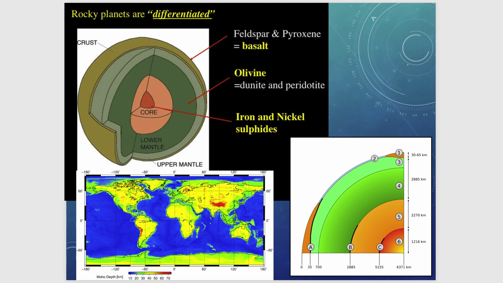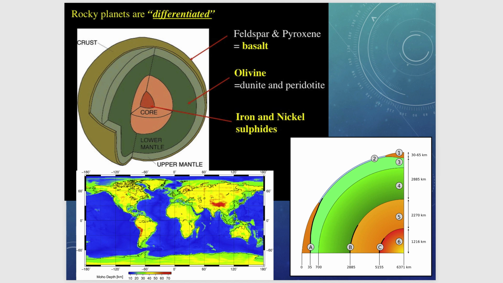At its origin our planet was a planetoid, essentially a pretty much homogeneous globe composed of a combination of silicates as well as nickel and iron.